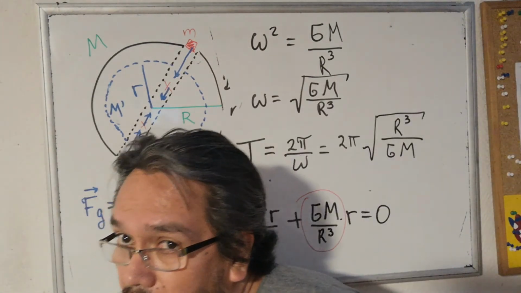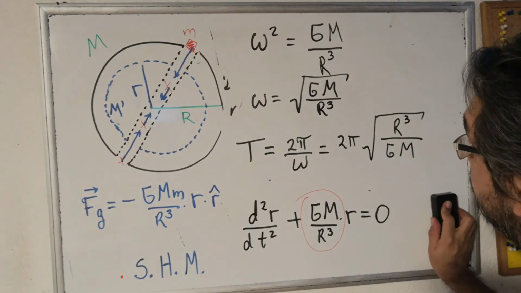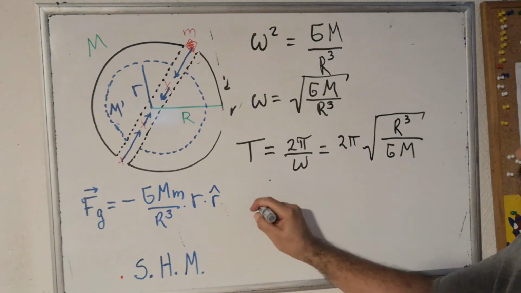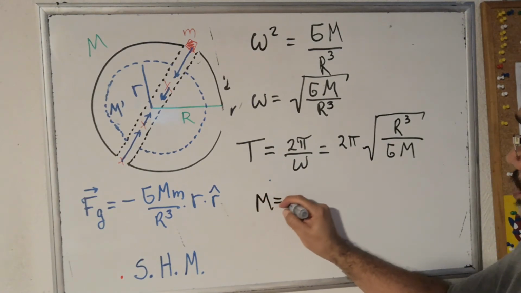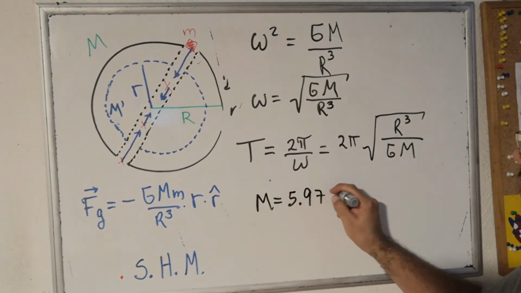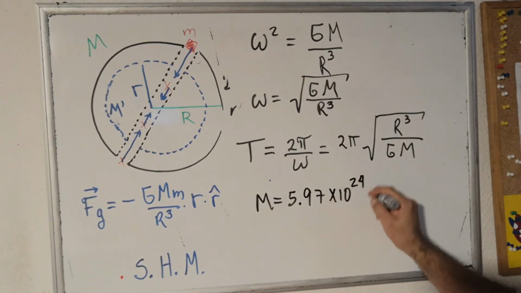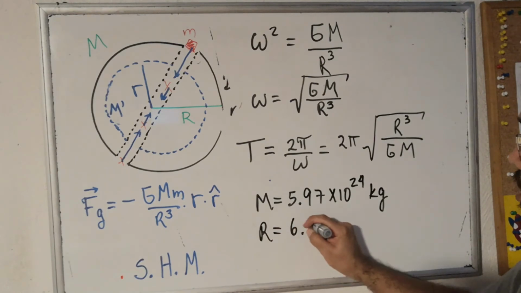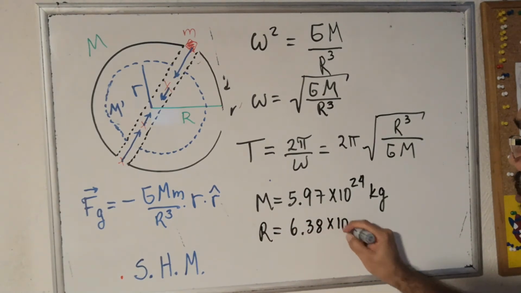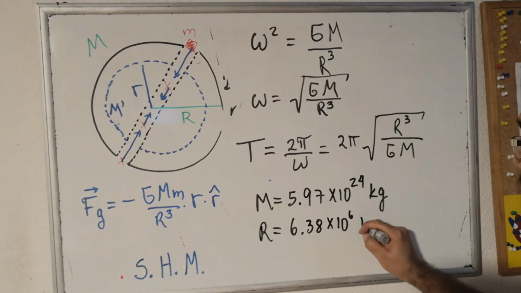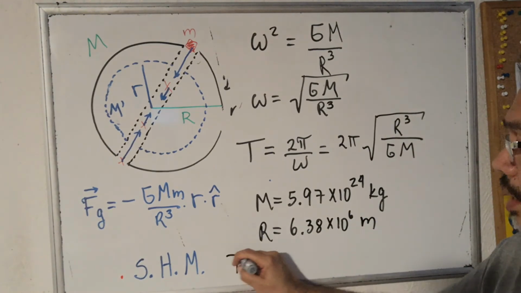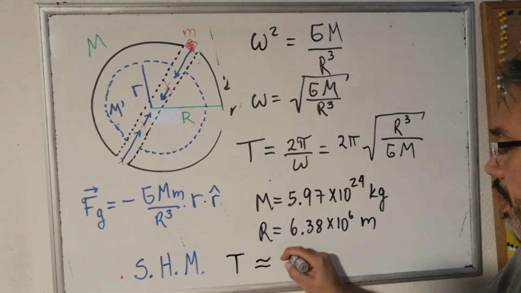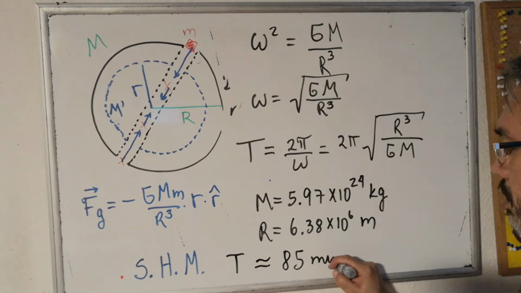Now, I will ask you to make the calculations for this and show that with a mass of approximately 5.97 times 10 to the 24th kilograms and a radius of approximately 6.38 times 10 to the 6 meters, you will get a period of more or less 85 minutes.